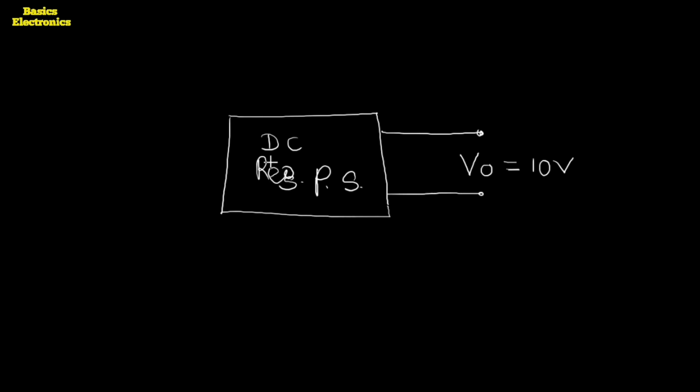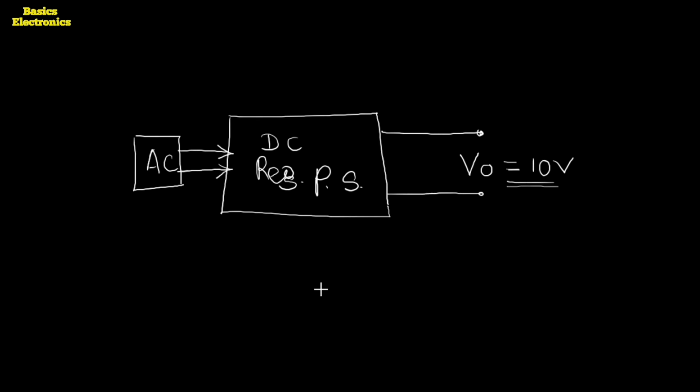Its input is applied from the AC mains, so here we write the AC supply. The AC supply is given to the DC regulated power supply, and it provides an output voltage of 10 volts.